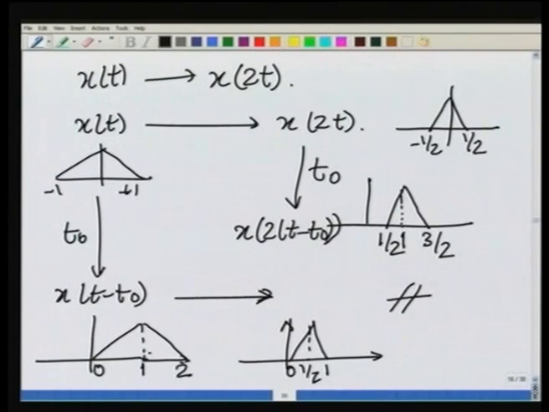The peak is at 0 here, and we are carrying out a delay of 2t minus 2 t naught.